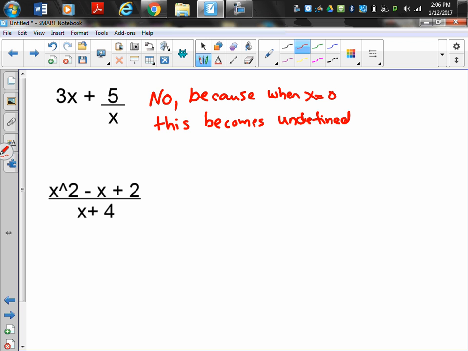So that's one check. Is there anything I can put into this for x that would cause my denominator to be 0? Yes. So I can make my denominator 0. So is this a polynomial? Nope.